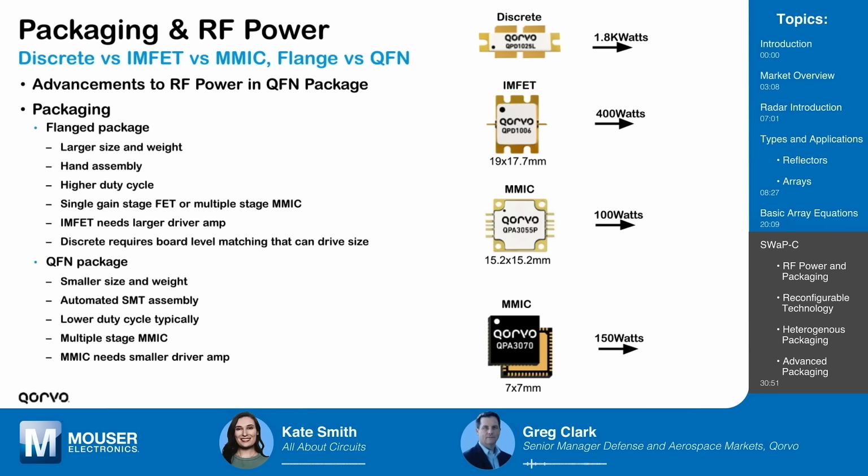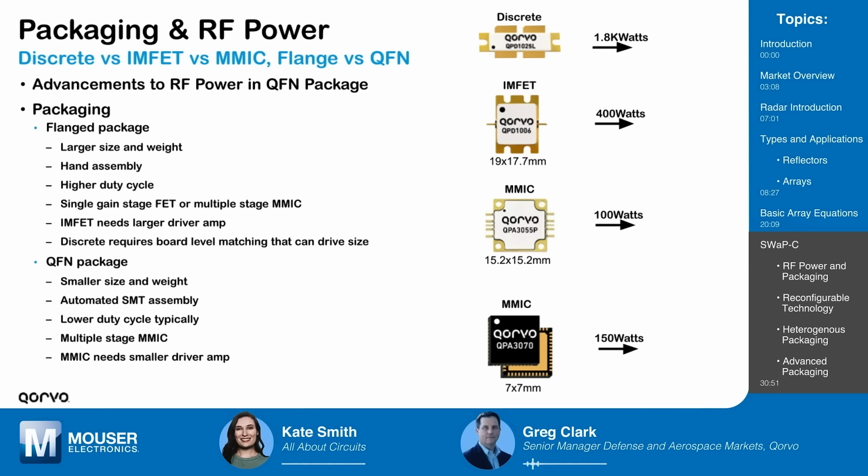They're typically larger in size and weight, and tend to require hand assembly versus an automated system. Because they can handle the thermals better, with more heat spread from that metal structure underneath them, they can handle higher duty cycles, even up to continuous wave type operation.